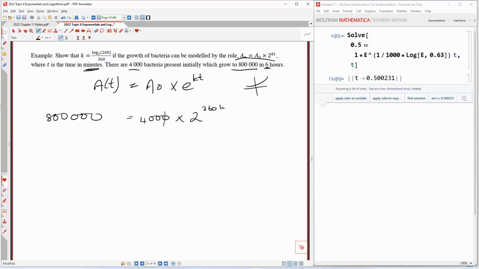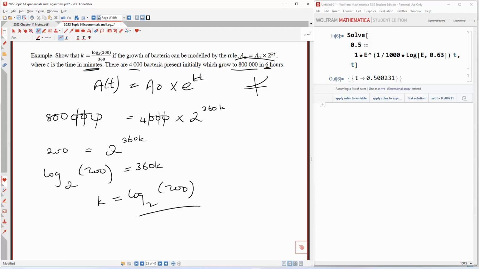Now what we'll do is slash off 1,000, and then 4 goes into that 200 times equals 2 to the 360k. Let's switch to log form. Log 2 200 equals 360k. Divide both sides by 360, and we've got k equals log 2 200 over 360 as required.